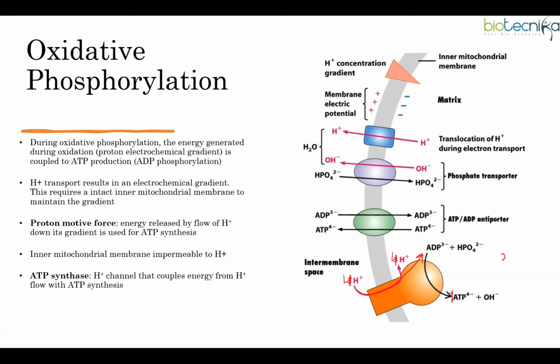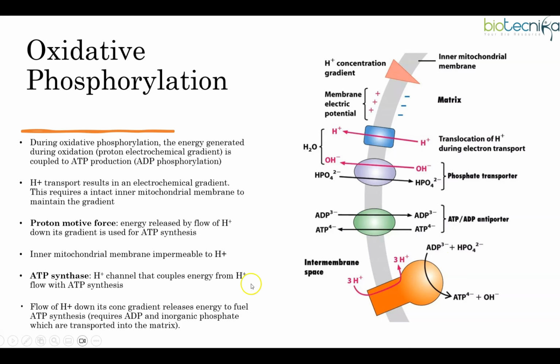In that case, you will produce 2.5 ATP per NADH molecule and 1.5 ATP per FADH2 molecule. But there is still a discrepancy in this information, so answer the questions accordingly. Flow of H+ down its concentration gradient releases energy to fuel ATP synthesis, which requires ADP and inorganic phosphate, which are transported into the matrix.